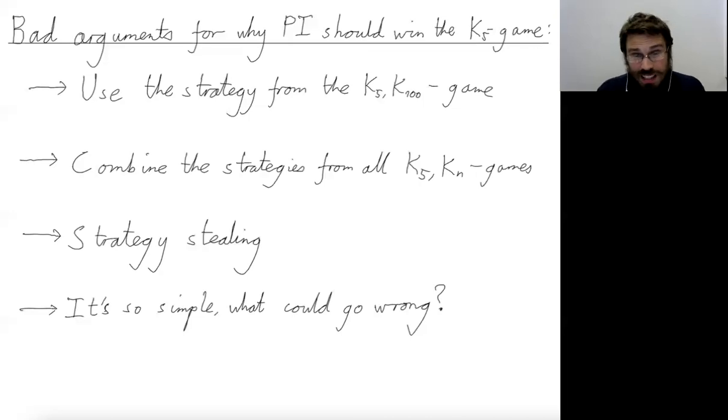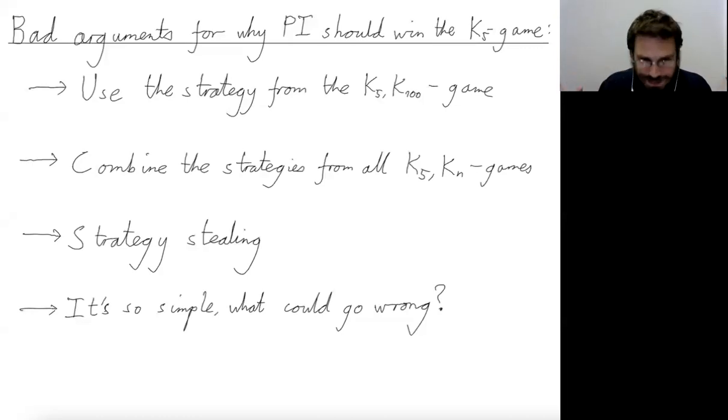But in the K5 game, there could be a draw. Even if the players keep on playing forever, they don't necessarily fill up the whole board. And maybe the second player can keep on distracting the first player, making some clever threats in such a way that the first player only fills up some small or not very dense part of the board, and never really gets to build a K5.